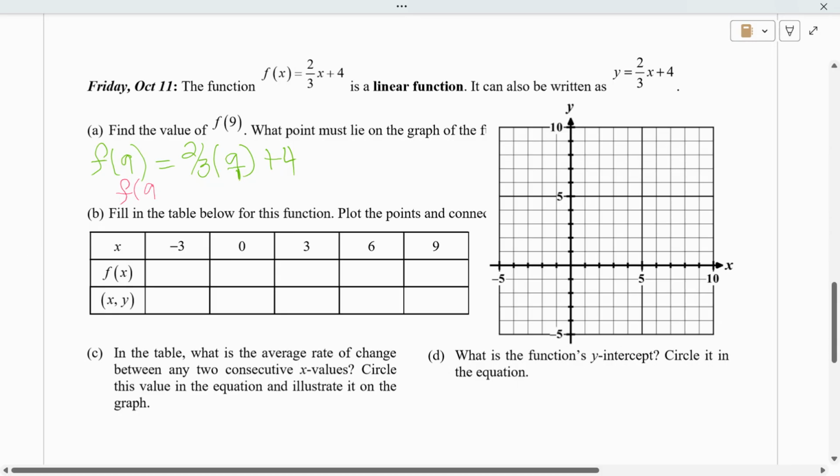So f of 9 equals 2 times 9 is 18, 1 times 3 is 3, which eventually equals 6. 18 divided by 3 equals 6. Is 6 plus 4. So f of 9 is 10.